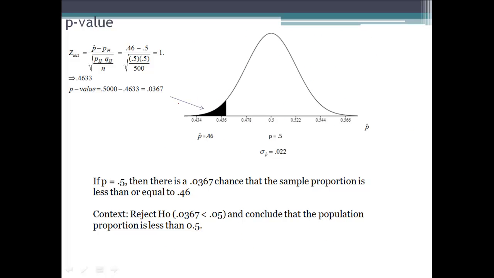Okay, so that p-value was 0.0367. Again, this is just the same stuff up here, the same formula, and the same curve that I had on the previous page. Just wanted to get to the interpretation.